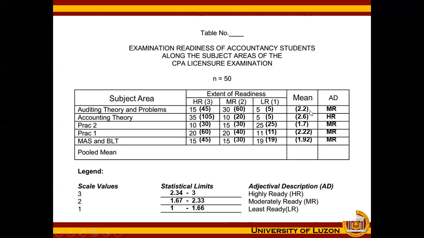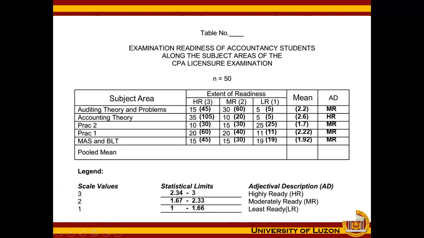So you have here 2.2, which is the quotient of 110 and 50. And the same process works for the others. Well, except for prac 1, because you will need to check it. But for MAS and BLT, assuming that 19, 15, and 15 are the right numbers, then we can keep it as it is, right?